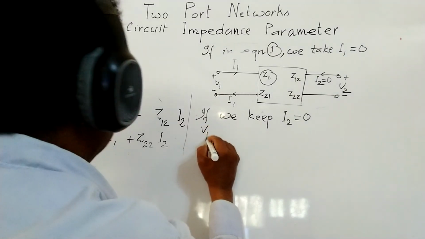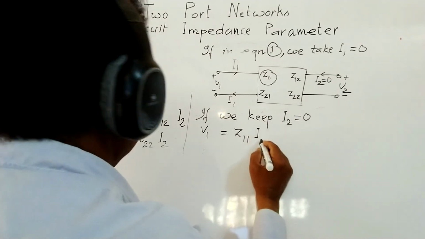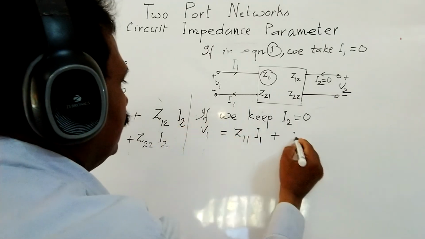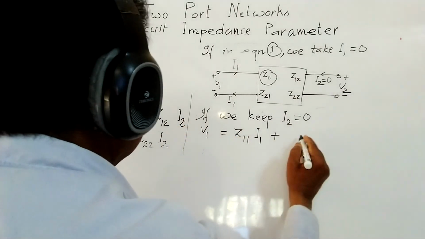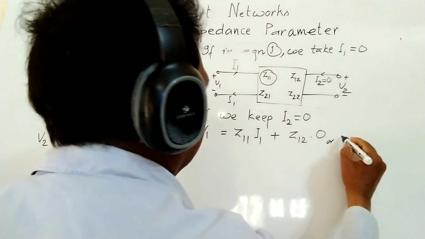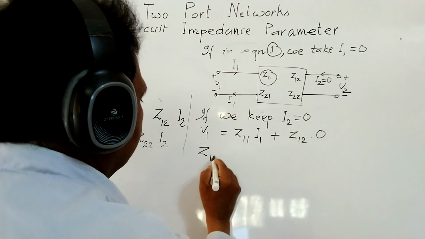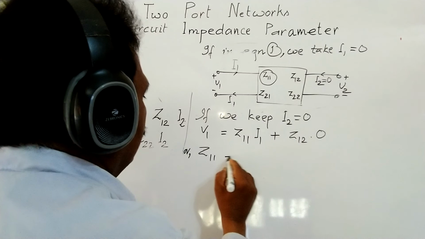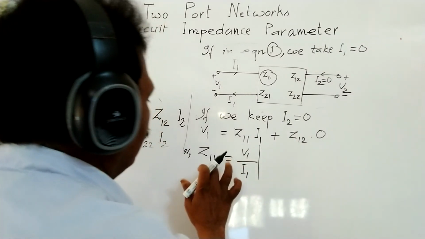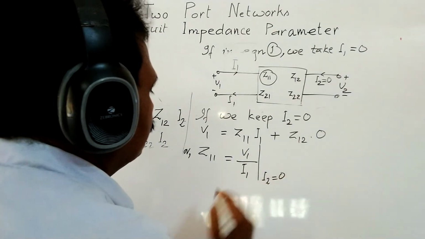V1 is equal to Z11 I1 plus Z12 into I2, which is 0, so Z12 into 0. Then we can write Z11 equal to V1 by I1. And this is the value of Z11 when we had taken I2 equal to 0.